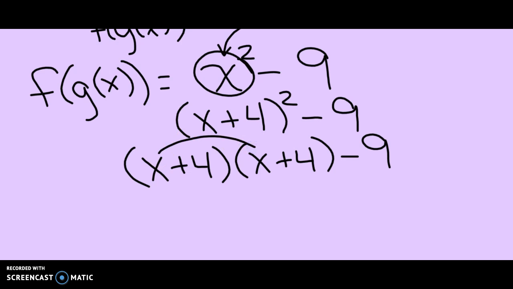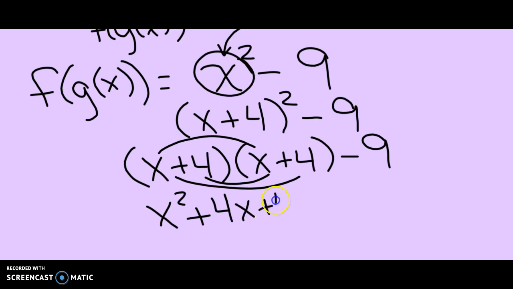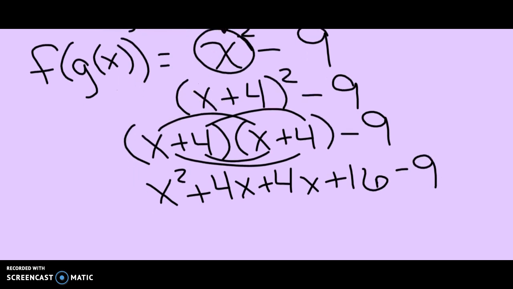You do x times x, x squared, and then the outers and the inners. You get 4x and a 4x. And 4 times 4 is 16. Then don't forget, you've got the negative 9 hanging off the end there. Now we complete everything and combine our like terms like we did yesterday.